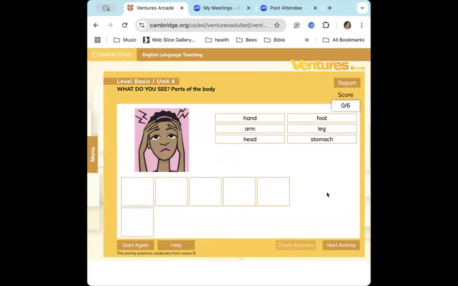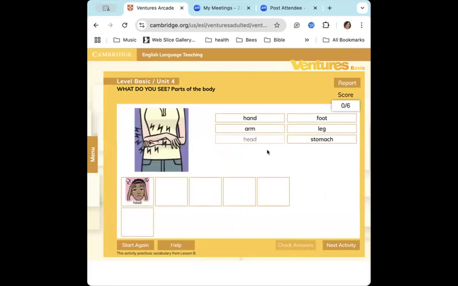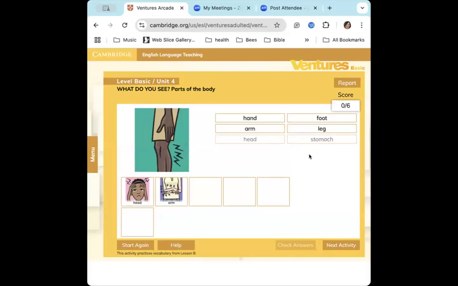Which part of the body do I see? Is this a hand, an arm, a head? What do I see? I see a head. Okay. What is this one? Could it be the stomach? What's hurting there? The leg. Oh, she's holding her what?